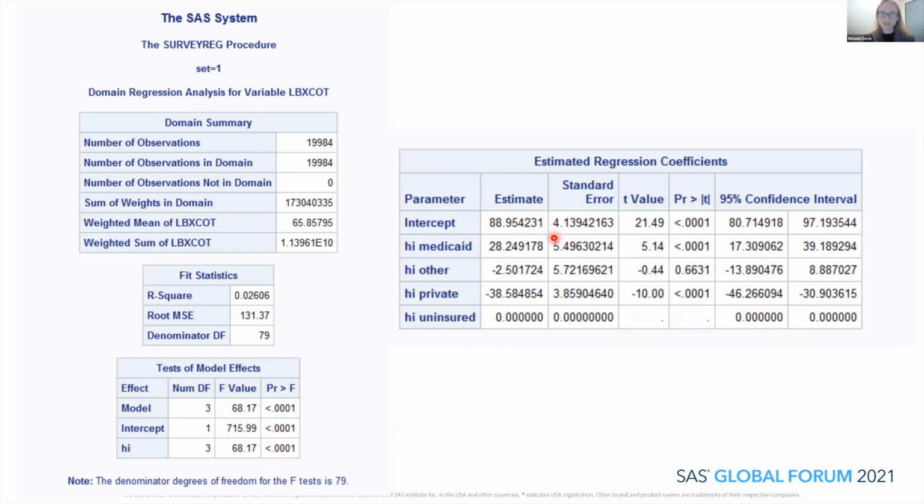Okay, and then here we see our regression coefficients. We see that if you have Medicaid for insurance, you have higher cotinine levels compared to being uninsured. And if you have private health insurance, you have lower cotinine levels compared to being uninsured.